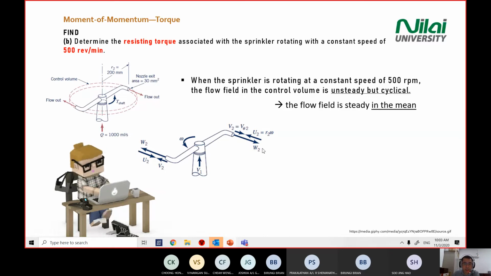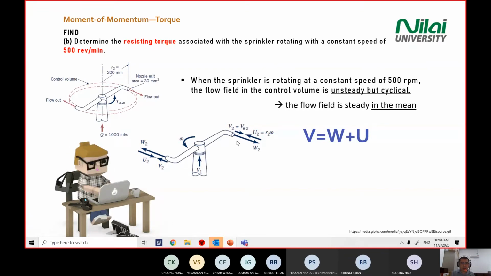There are some components that we need to look at here. Now we have an additional component, which is our omega, the rotational speed, in radian per second or revolution per second. And then we have a W component here. Just now we only looked at V and U, but now we have one more component called W. We have the complete vector relationship here, right? V equal to W plus U. So we need to balance the force.